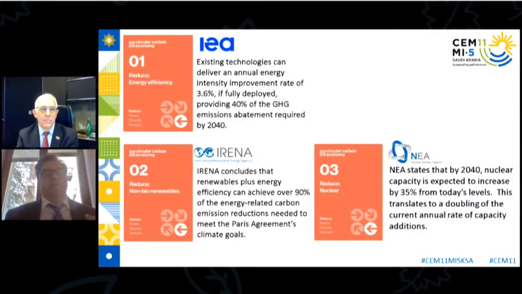The guide series is organized around the 4 R's, and the first R, reduce, has 3 dedicated reports to it. The IEA wrote a report on energy efficiency. IRENA has written a report on non-biorenewables, and the Nuclear Energy Agency wrote a report on nuclear.